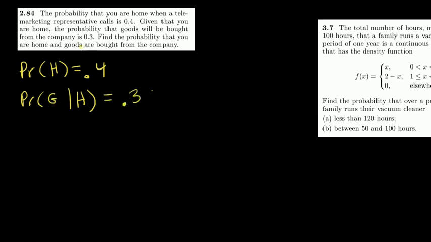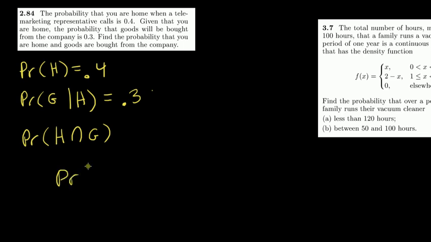I guess it's the probability that they'll make a sale, right? So find the probability that you are home and goods are brought from the company. So we want to find the probability of being home and goods are brought from the company. Now, do you guys remember, this is going to be something related to the multiplication property.